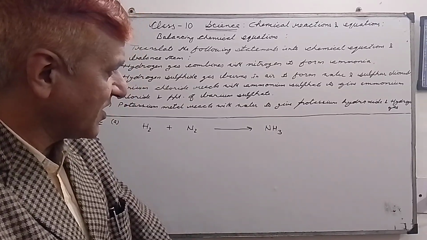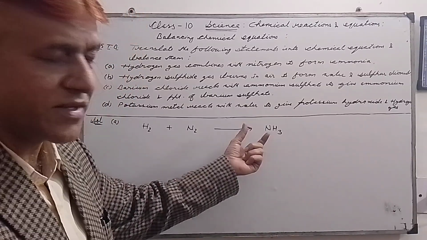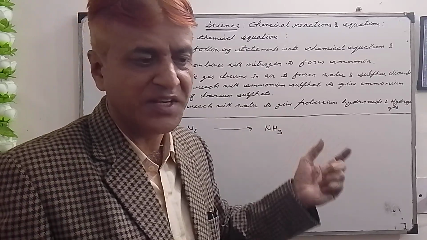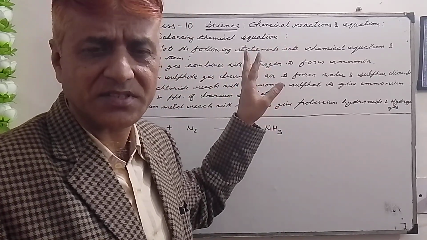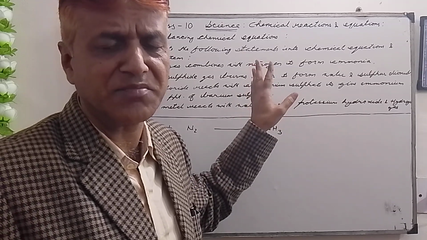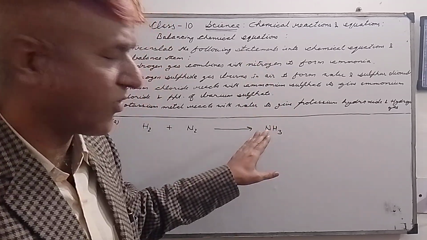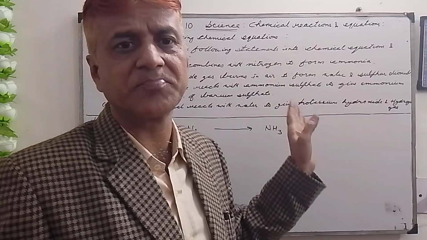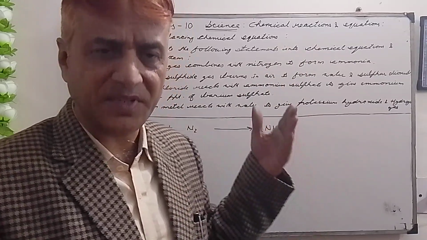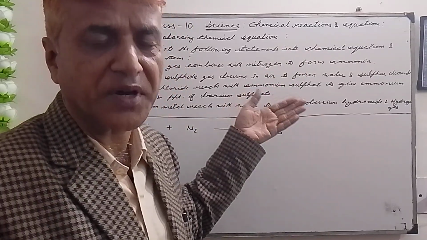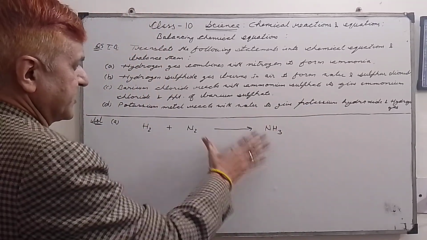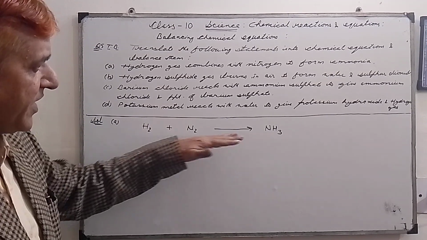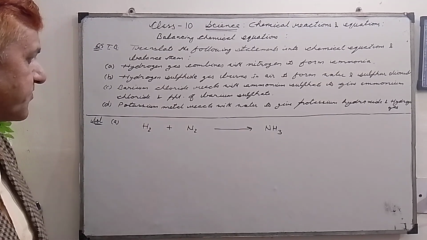I have taught how to write chemical formulas in our previous 3 or 4 videos, where we discussed all these things in much detail. So please watch our previous videos also to learn how to write chemical formulas of chemical compounds. Now this is the equation, and now we will balance this.